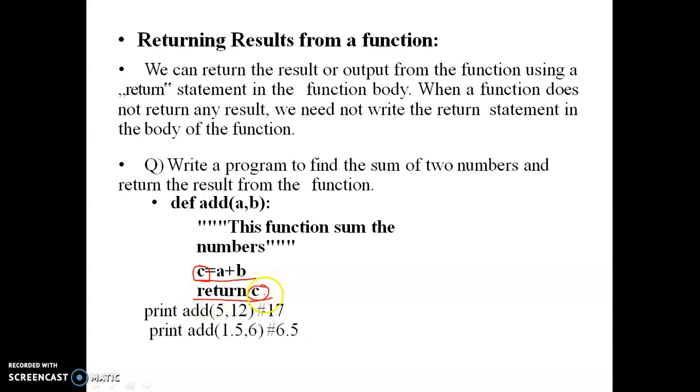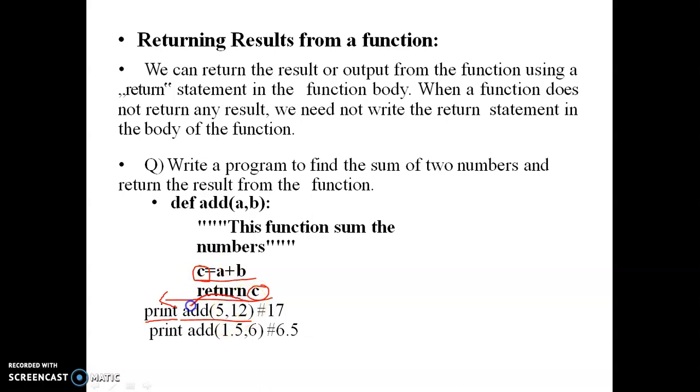So, return C. After completing the function, you just come out of the indentation of the function and give the print statement add of 5 comma 12. Here we are calling the add function with the values 5 and 12. It sends the two values, performs the addition, stores the value into C, and C is returned back.